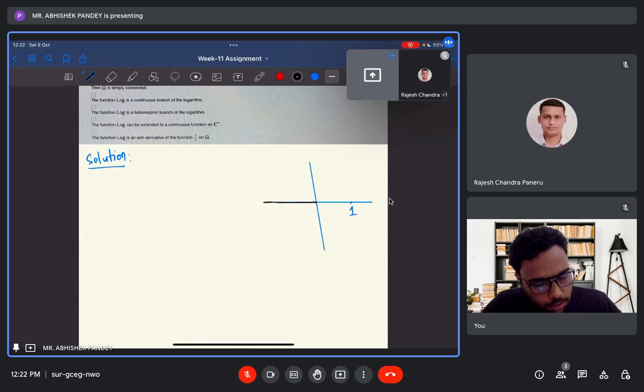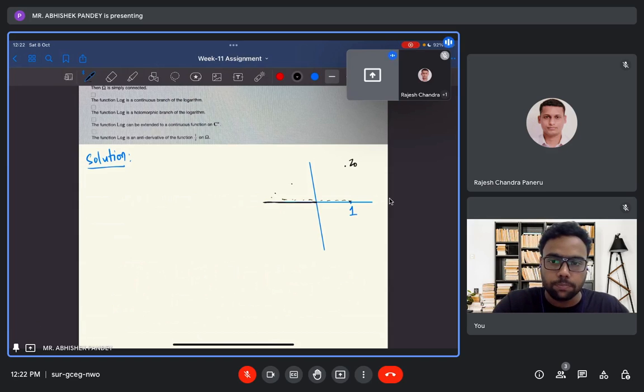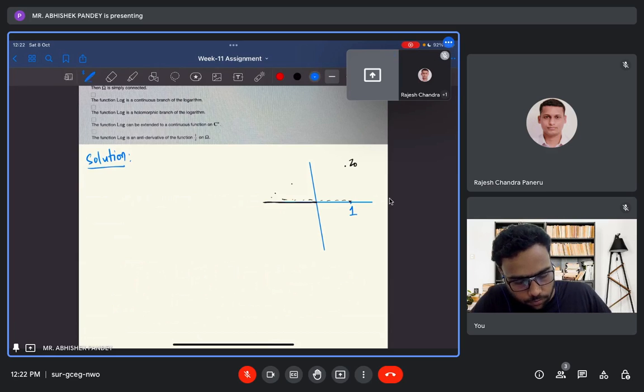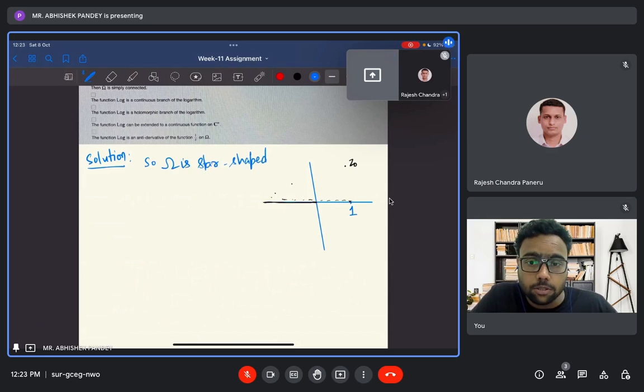If you take any point z0 wherever possible, the straight line to 1 will completely lie in this whole domain. So omega is star shaped. Is it clear to you?